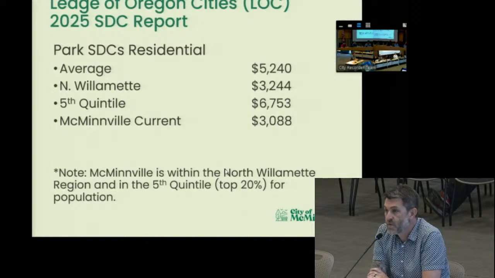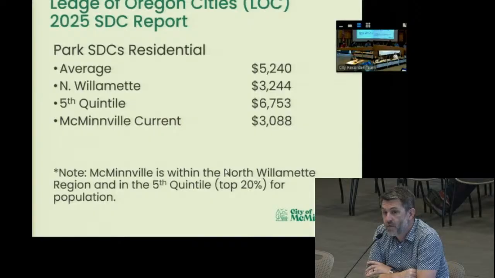In the North Willamette region, which is where McMinnville is, which includes Polk, Marion, Yamhill, and the southern half of Clackamas counties, the average park SDC for the communities that completed the survey was $3,200. For the fifth quintile, so that is essentially the population quintile, McMinnville is in the top 20% for population size in the state of Oregon. So for the top fifth quintile, the average is $6,700, and where we are currently is $3,088.